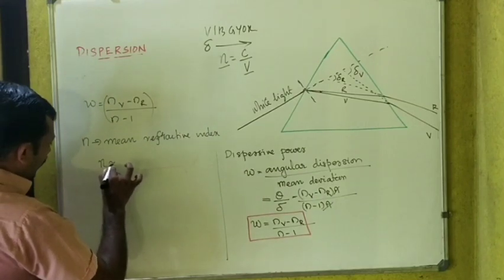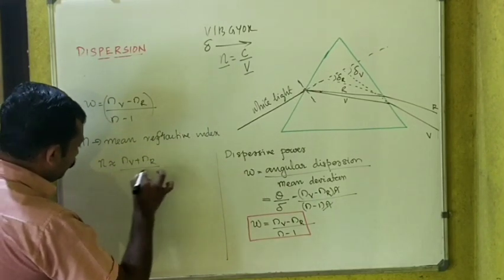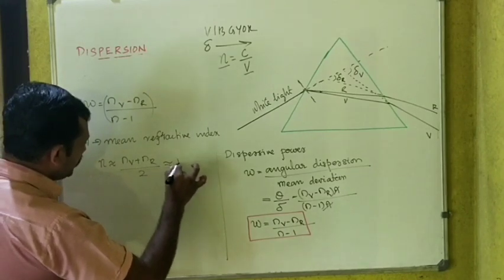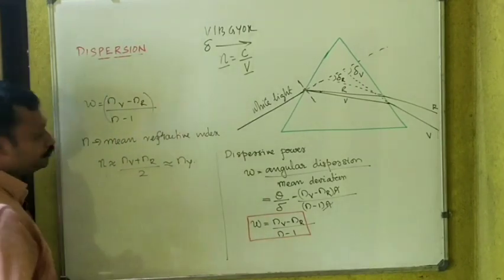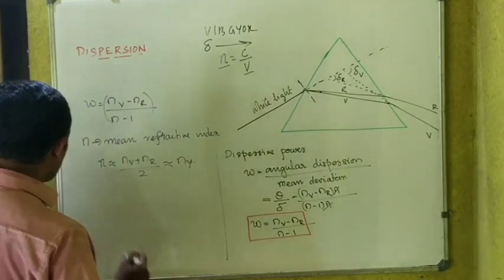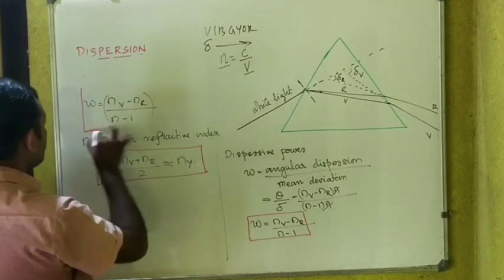Which is approximately equal to NV plus NR by 2, or approximately equal to the refractive index of yellow. In these respects also you will get the dispersive power.